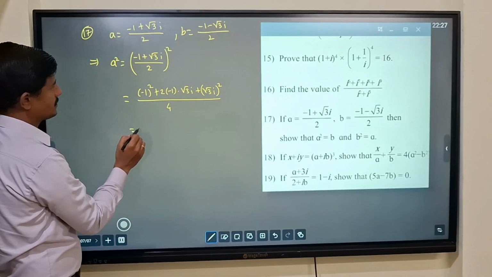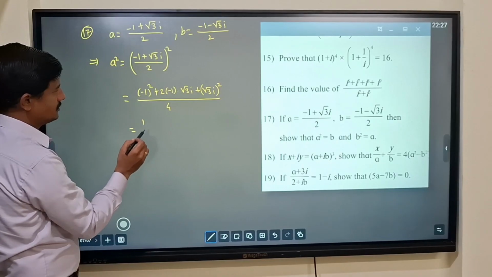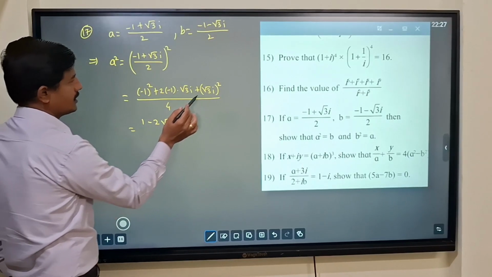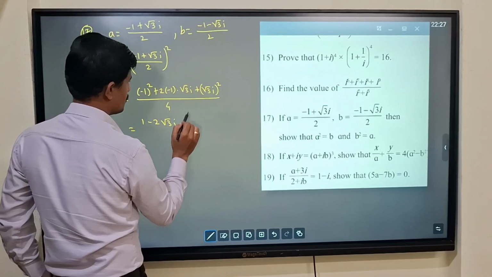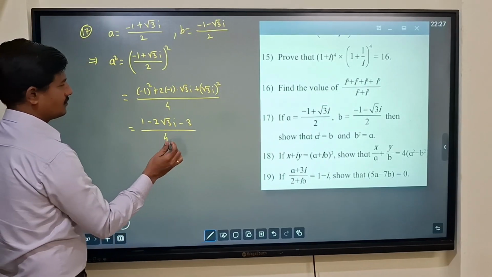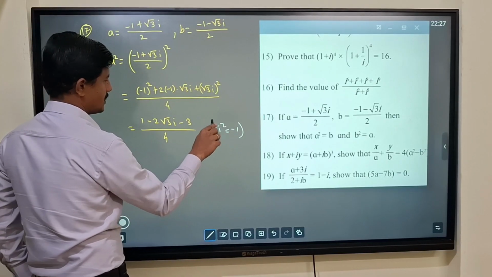Here we use the expansion formula of a plus b whole square. So minus 1 square is 1. This becomes minus 2 root 3 i. i square is minus 1, and the square of root 3 is 3. So this becomes minus 3 upon 4, since i square is equal to minus 1.